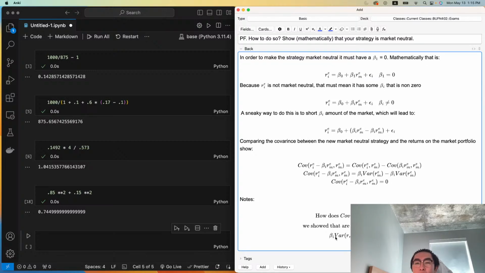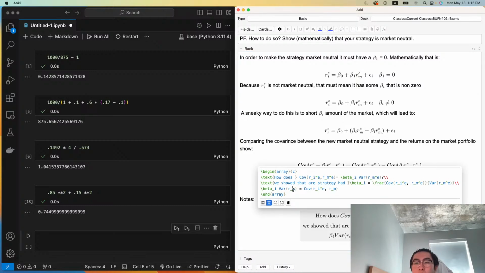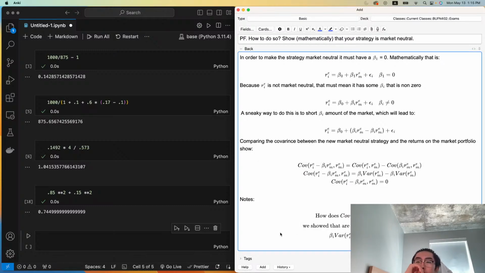So that means beta_i times the variance of the market is exactly equal to the covariance of the strategy and the market.